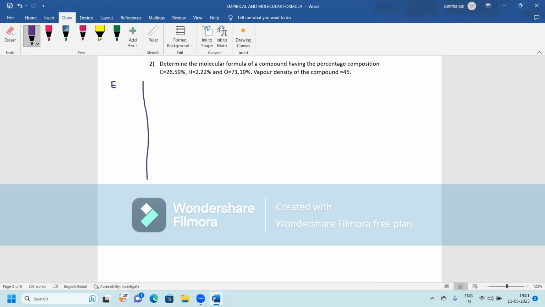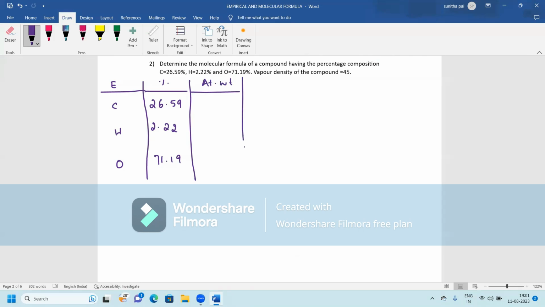This is for element, and the elements are carbon, hydrogen, and oxygen. Second column is for percentage. Percentage given is 26.59, 2.22, 71.19.